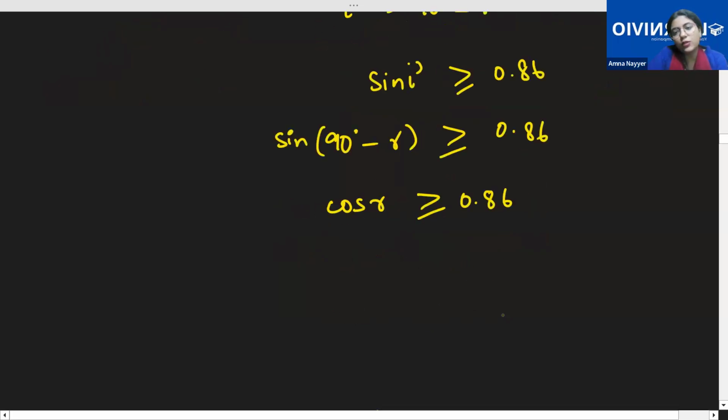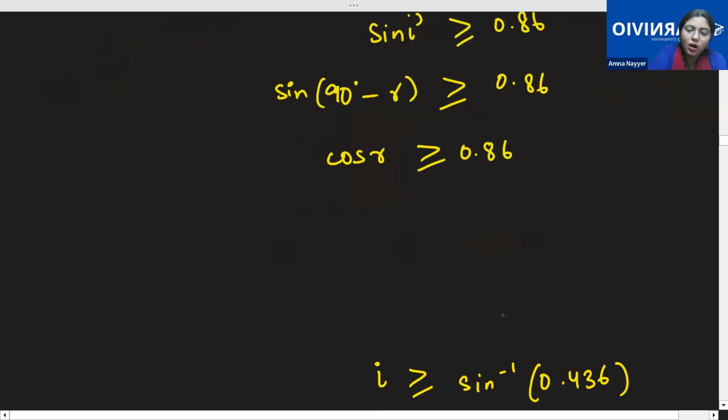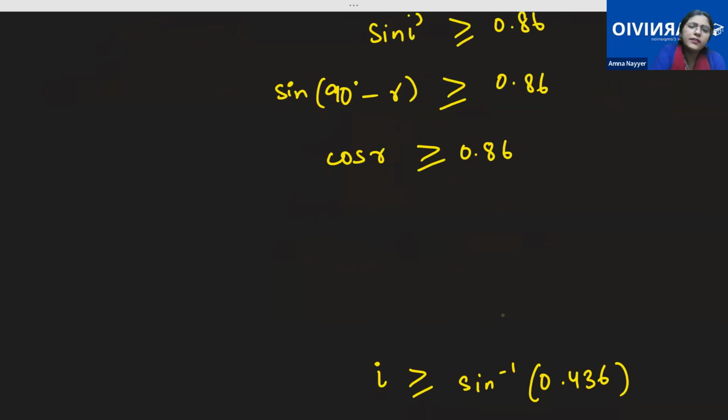Now, as soon as you have cos R, we need the value of sin R, right? Sine of 90 minus theta you already have, that is cos R. So we can say sine square R plus cos square R is equal to 1.